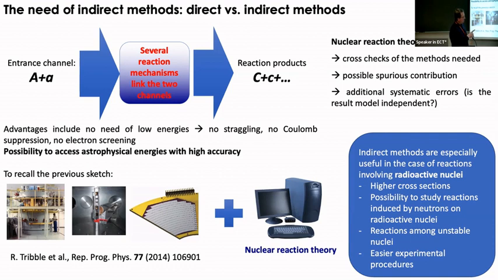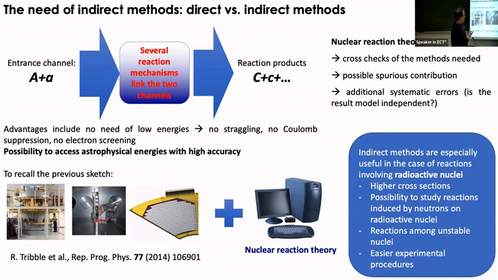Anyway, so you have to add an additional ingredient that is nuclear reaction theory most of the time, because instead of measuring the reaction you need for astrophysics, you are going to measure another process. And so in order to link the two cross sections, you need to have some nuclear reaction model.